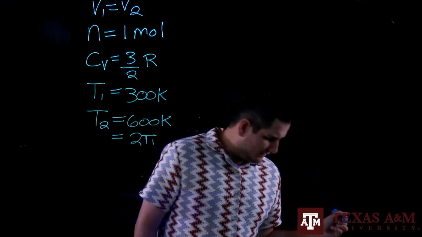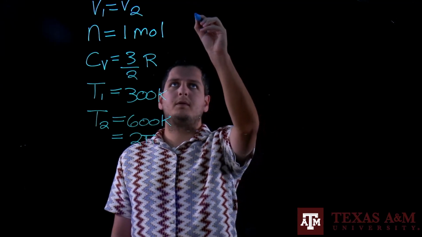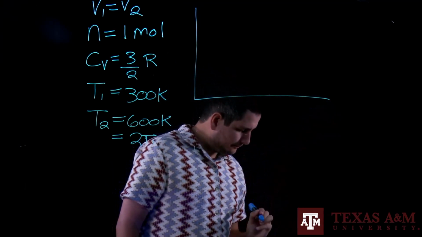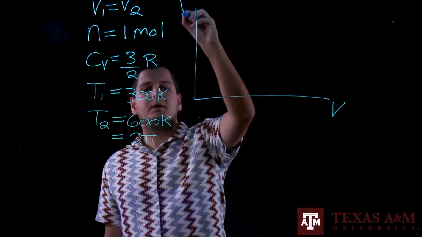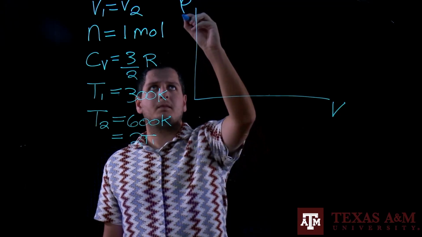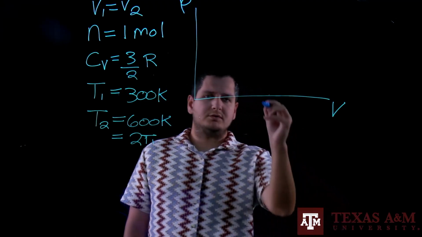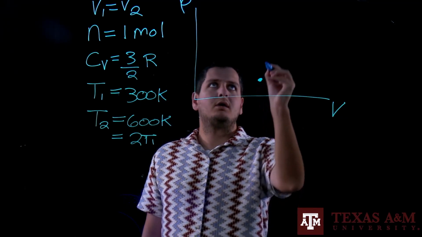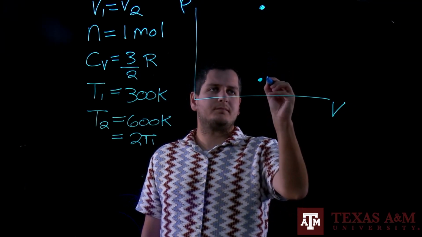Let's draw the PV diagram. Let me see if I can do a straight line here. Not bad. V, P, this is P. And what we will do is we will go from V1 to V2.